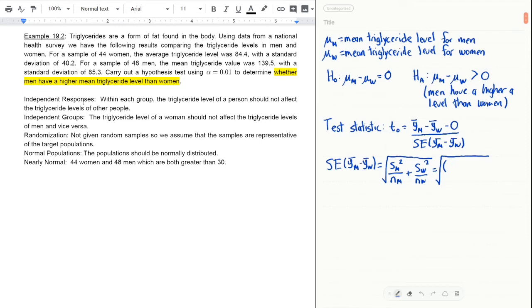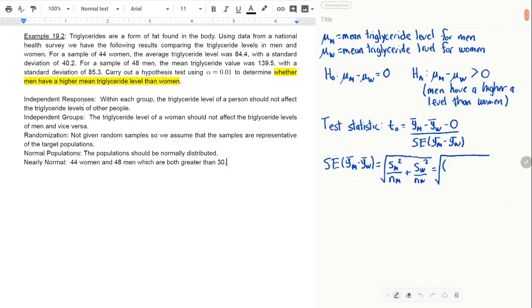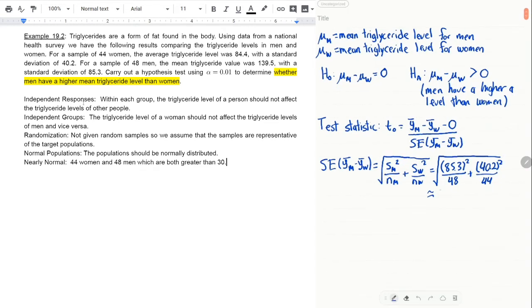For the men, the standard deviation was 85.3 squared over 48, plus 40.2 squared divided by 44. This will give us a standard error of 13.7227.